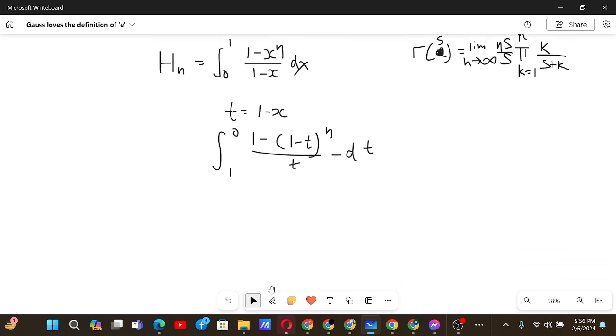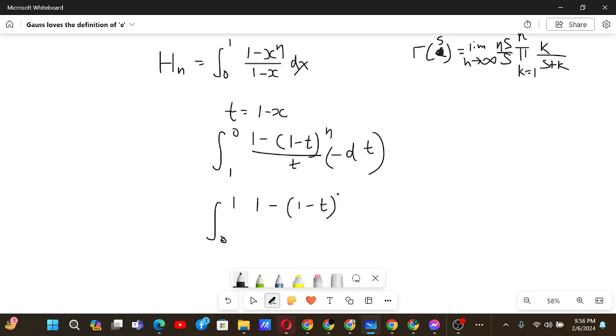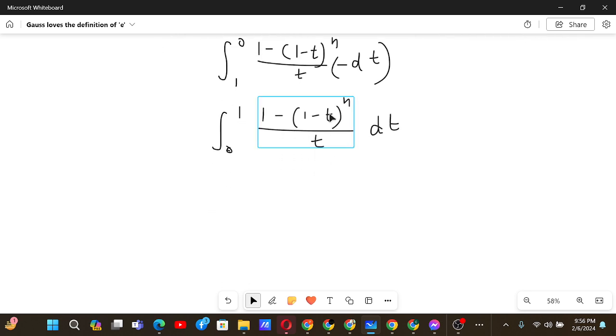The minus sign will reflect the integral to go from 0 to 1, and this is the integral of (1 minus t to the power n) over t dt.